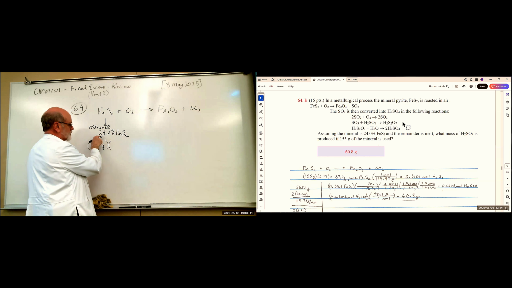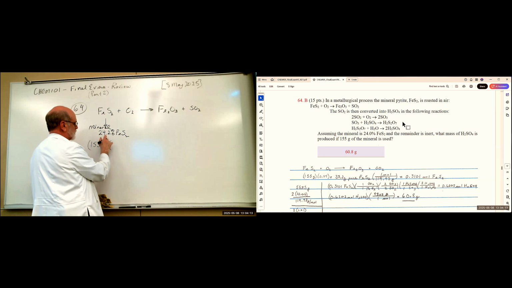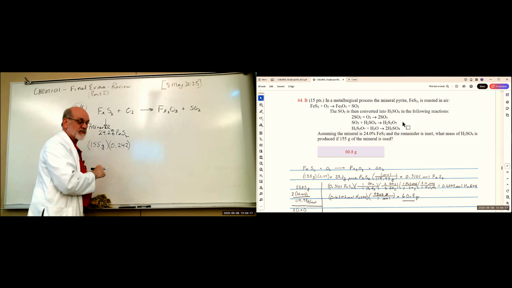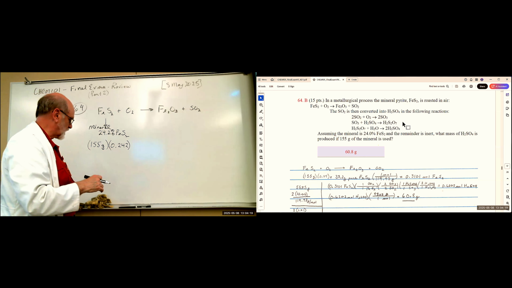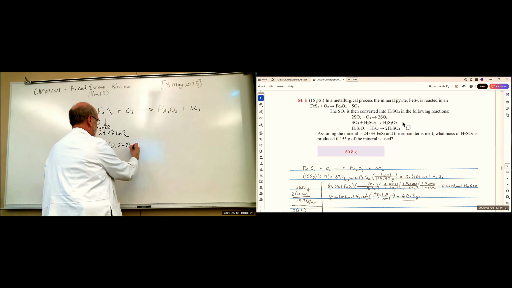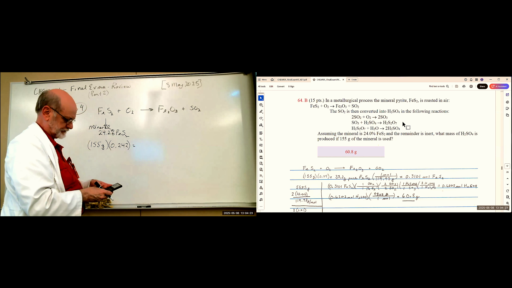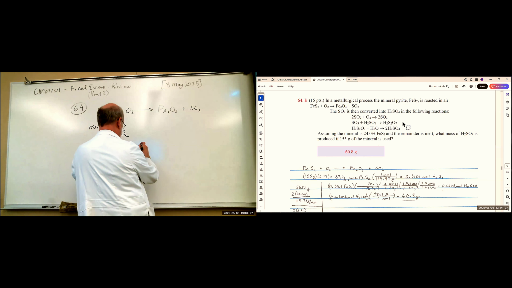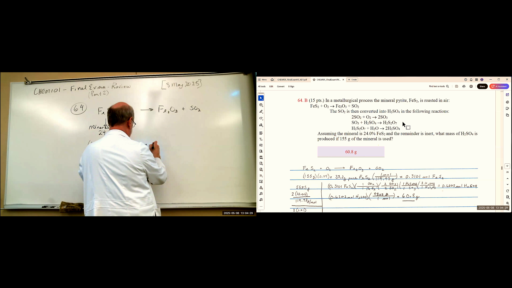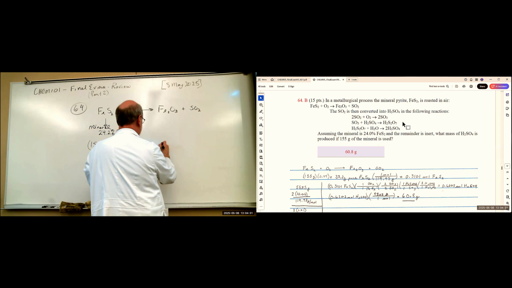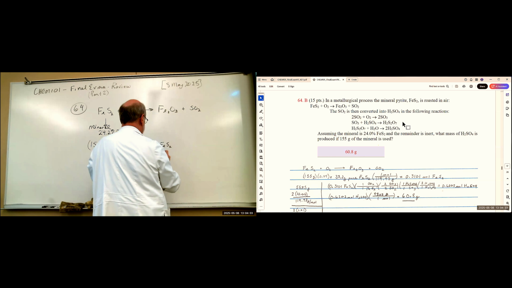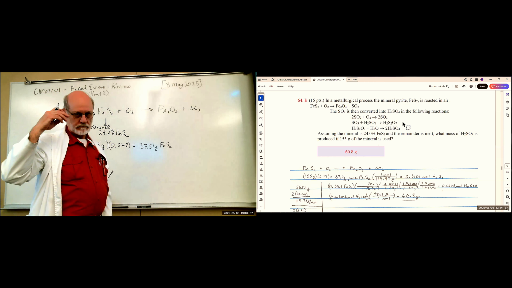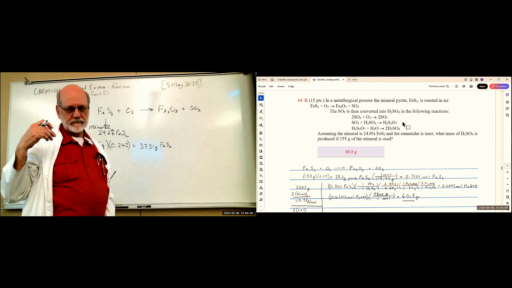I just take this decimal, move the decimal and make this a decimal fraction. That's the simplest way to do it. That gives us 37.51 grams of actual FeS2.